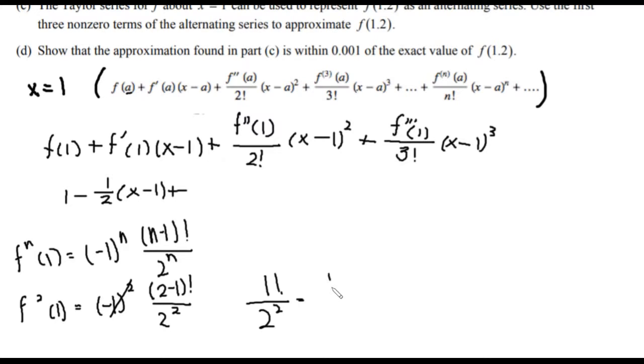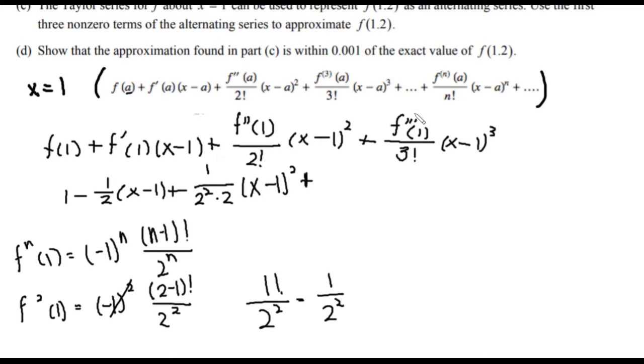This will just equal 1 over 2 squared. Thus, this will become 1 over 2 factorial. 2 factorial just equals 2, right? Times 2. Let me write this more clearly. And (x minus 1) squared.